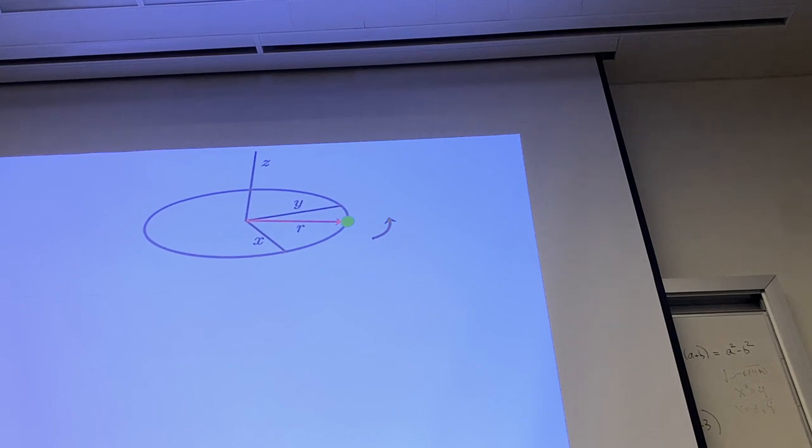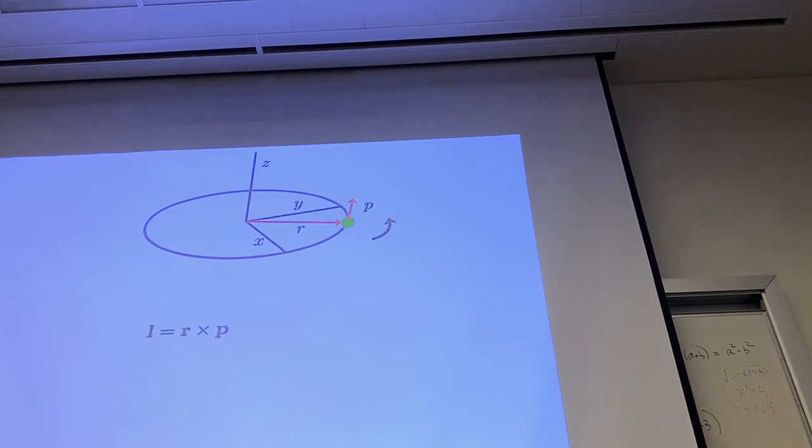A particle on the ring moves around, and I'm going to be concerned with one-directional velocity. So let's say at any point of phi, there's going to be an angular velocity. If it were linear, I would call it p, but I'm going to go on a ring here. So I call it L.